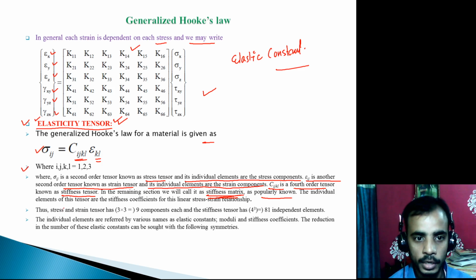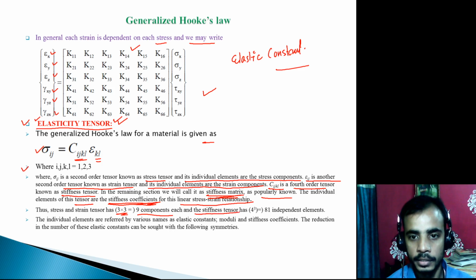The individual elements of this tensor are the stiffness coefficients for this linear stress-strain relation, the stiffness coefficients or elastic constants. Thus the stress and strain tensors have 3 times 3, 9 components each, and the stiffness tensor has 3 to the power 4, 81 independent elements. The independent elements are referred to by various names: elastic constants, moduli, elastic stiffness coefficients.